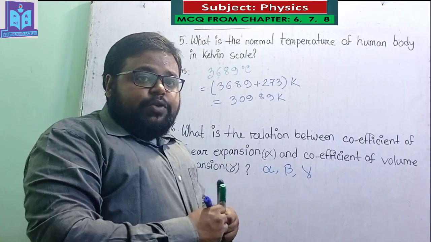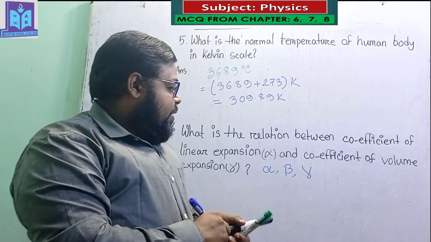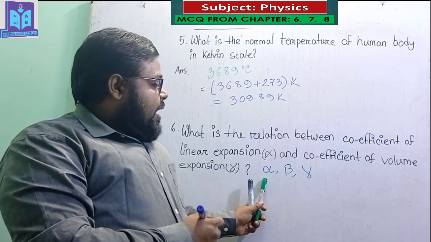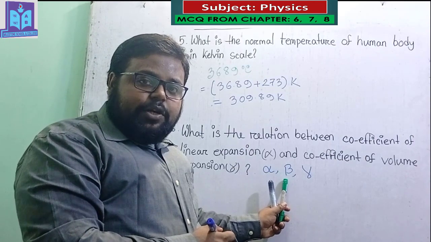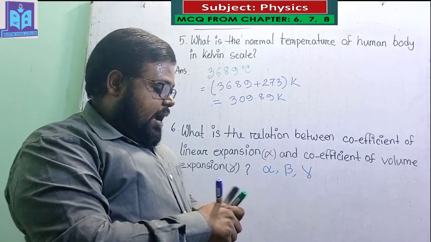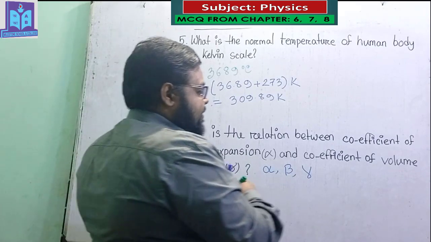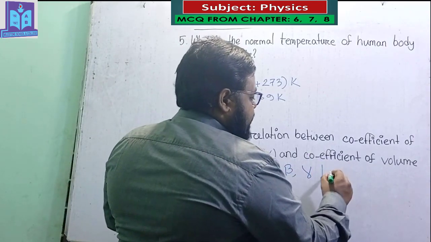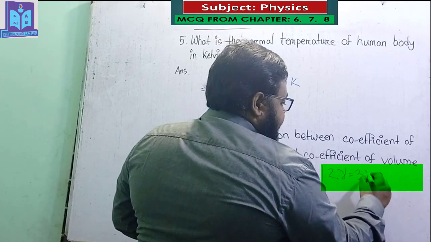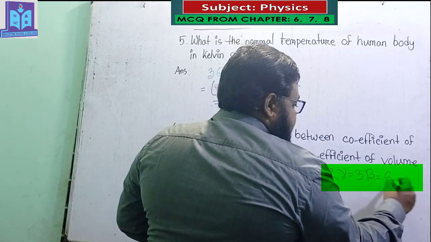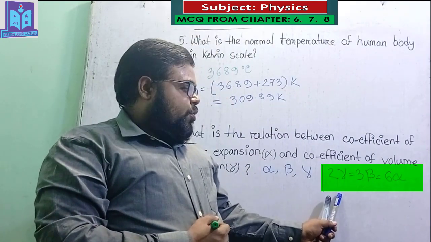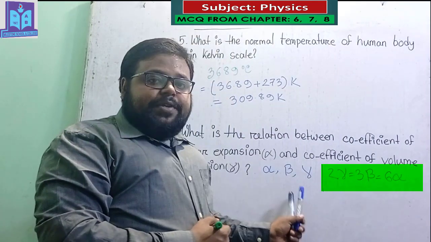We know there is a relation between them, and the relation is that 2 gamma equals 3 beta equals 6 alpha. That is the relation among these 3 coefficients.